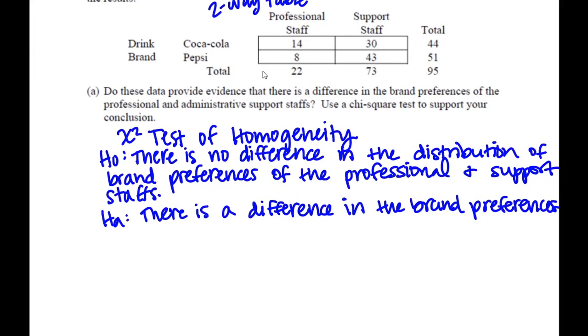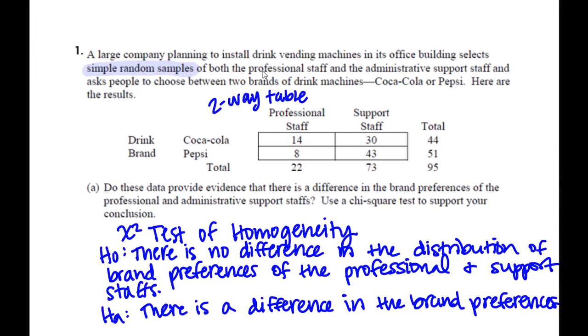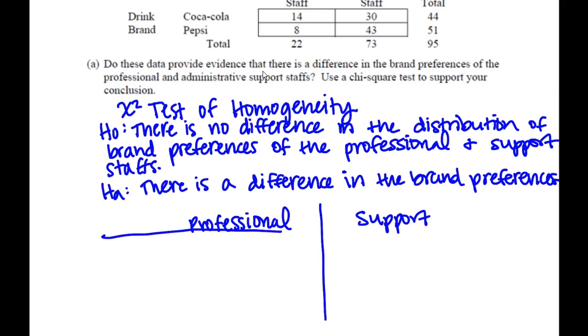And so we have 2 samples. I'm going to separate them, separate random samples of the professional staff and the support staff. So I'm going to write professional, and then I'm going to write support for my samples so that I'm keeping them separate.